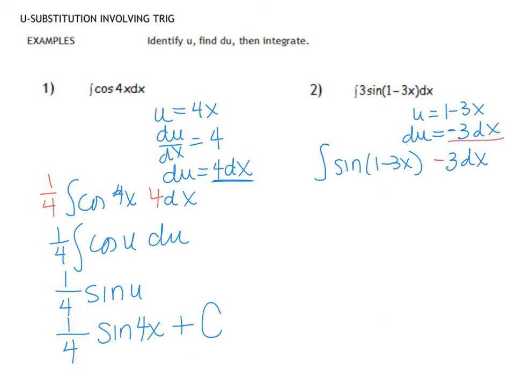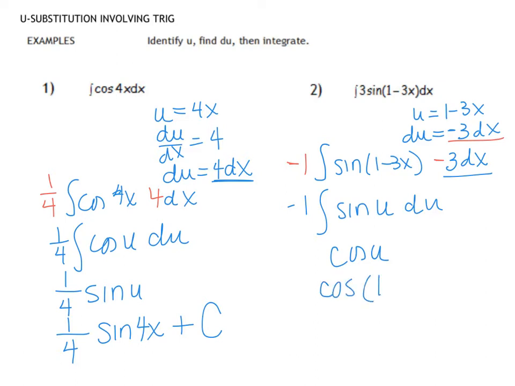So I've got the negative here and the negative 1 out here. If I rewrite this, I have negative 1 sine u, and then this is du. The integral of sine is negative cosine, so this is going to be cosine u, and u was 1 minus 3x plus c.